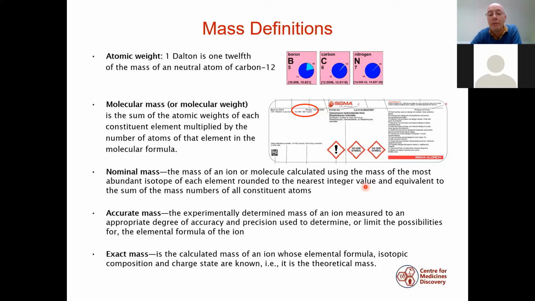So when we measure the mass of an ion in the mass spectrometer, if it's an accurate mass instrument, this would be the accurate mass of that compound. The exact mass is the calculated mass when you know the isotopic composition and the elemental formula, and the exact mass is the theoretical mass. So obviously that may be slightly different from the accurate mass that you've measured.